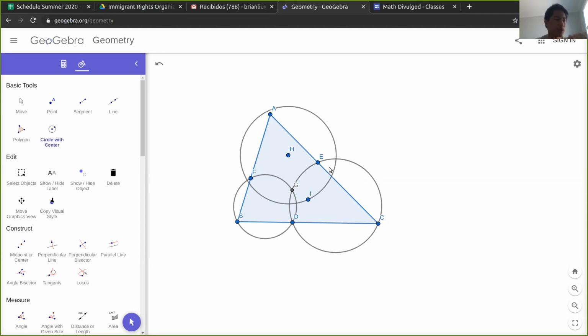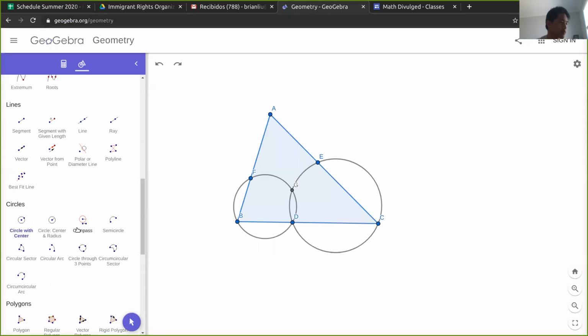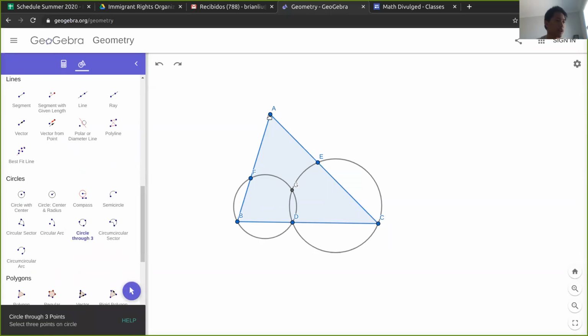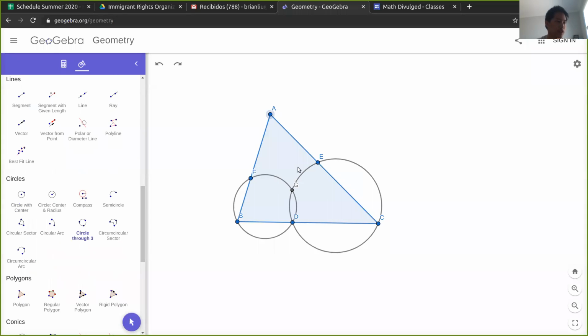And we don't want to deal with 4 points, right? So it's better that we just say that these two circles intersect here at point G, and then we want to show that the circle going through AEF also goes through G.